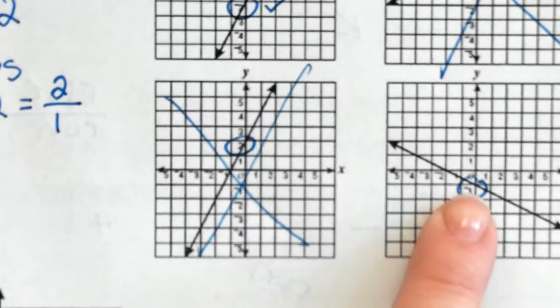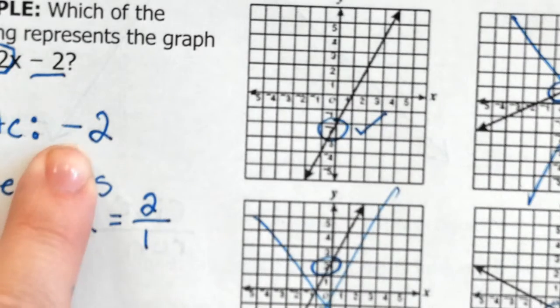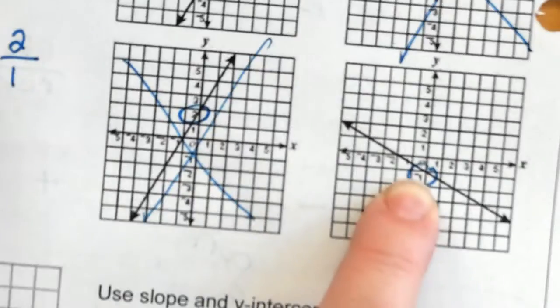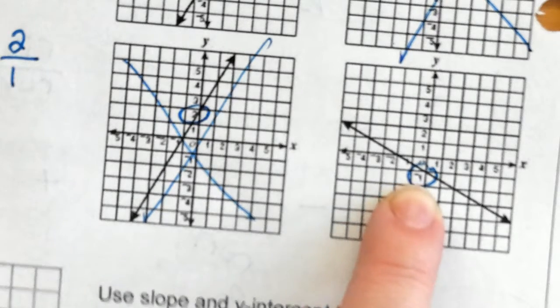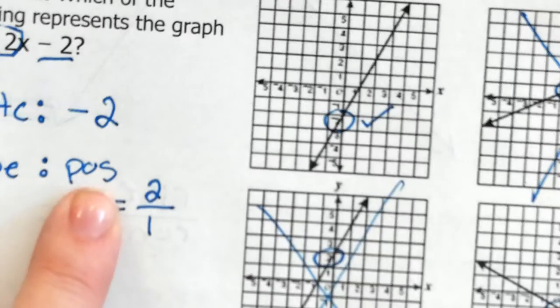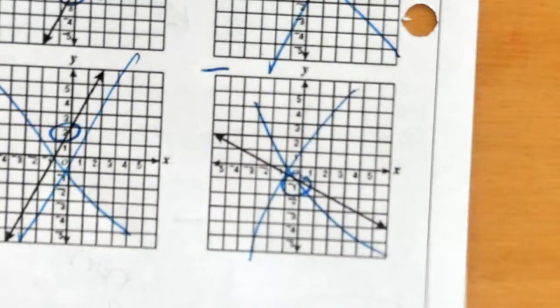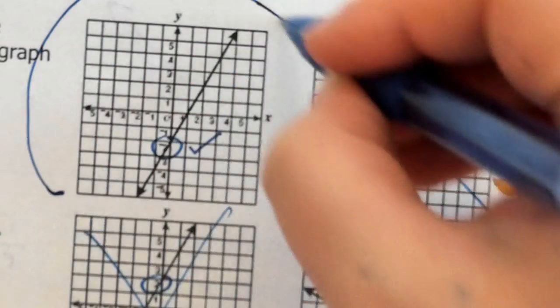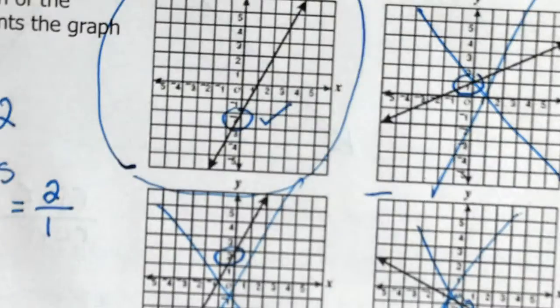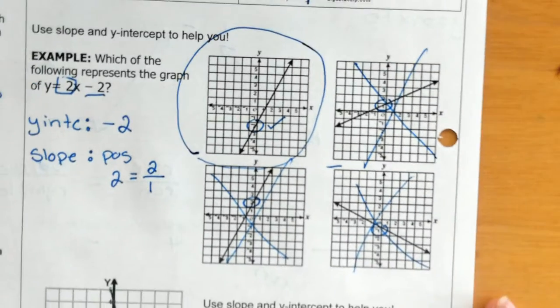Again, we have to ask ourselves, -1, well, we said it's supposed to be -2. That's not right. But maybe we also looked and saw, wait a second, my slope is supposed to be positive. This slope is negative. That's not what I want. So that answer is gone, which means the only one who survived our test was the first one.